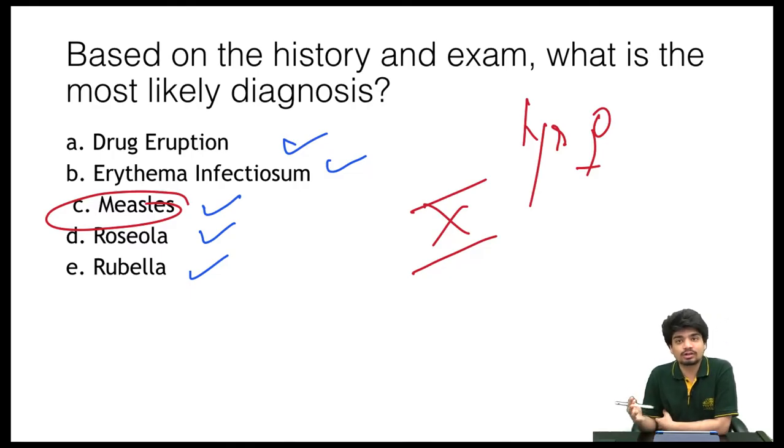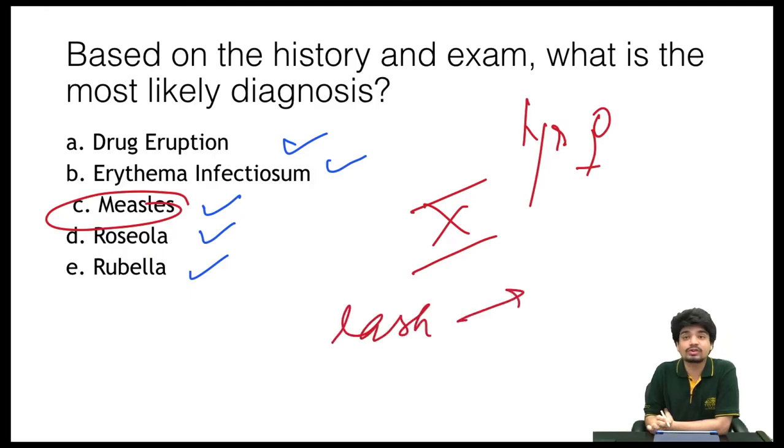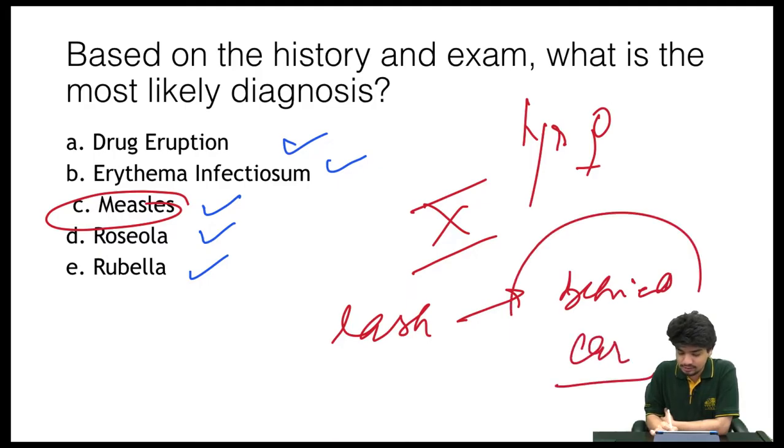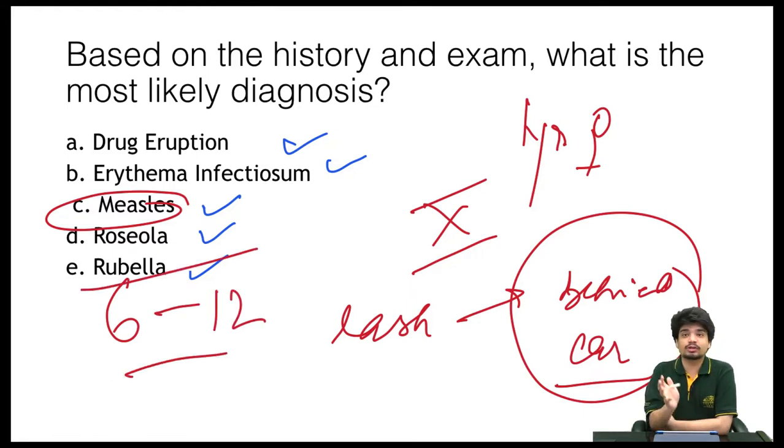That's the classical presentation of measles. Especially, the rash tends to start behind the ears, and then spreads cephalocaudally. Secondly, measles most commonly occurs in the 6 to 12 month age group, and that's why the measles vaccination is given at 9 months.